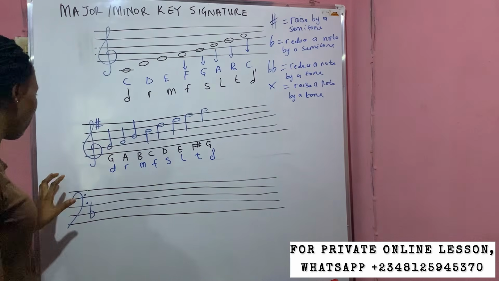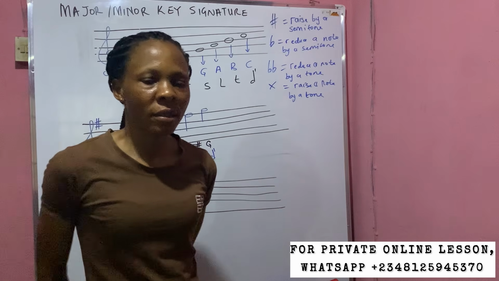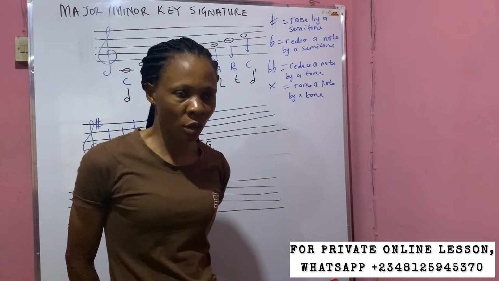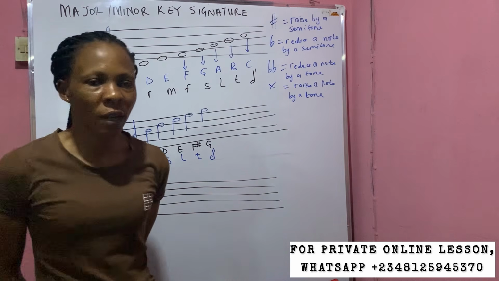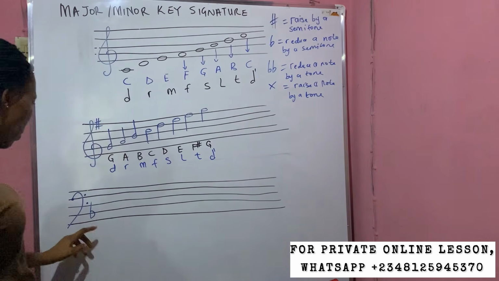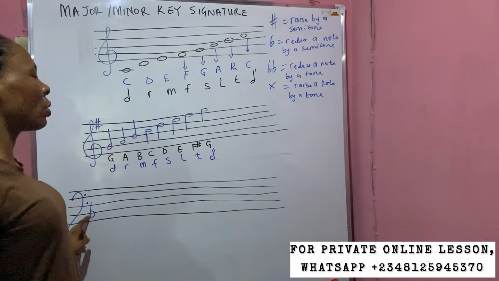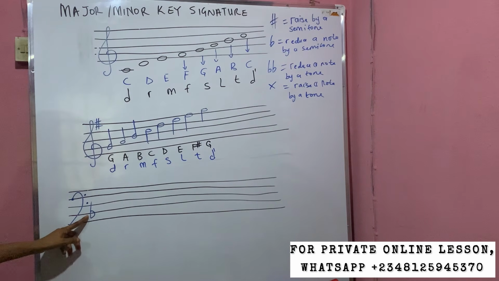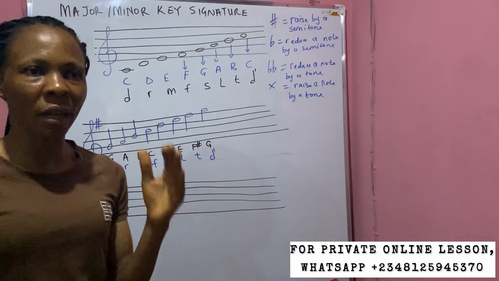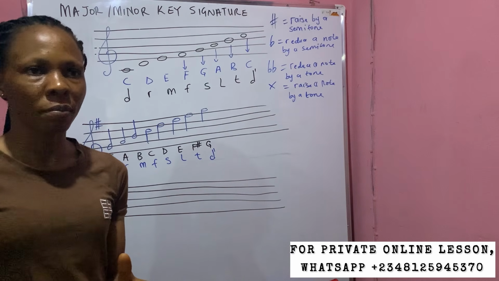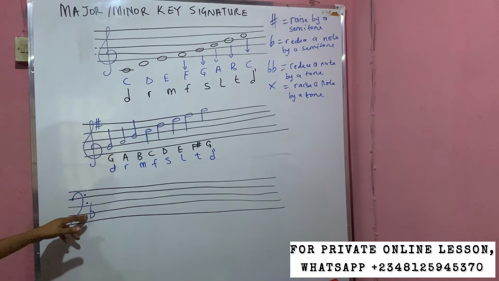Now the key that has one flat is F major. F major has one flat, and that flat is placed on B. So in the whole of the music in F major, anywhere you see B, you're not going to play B natural, but B flat. You understand now? That's the function of the key signature.